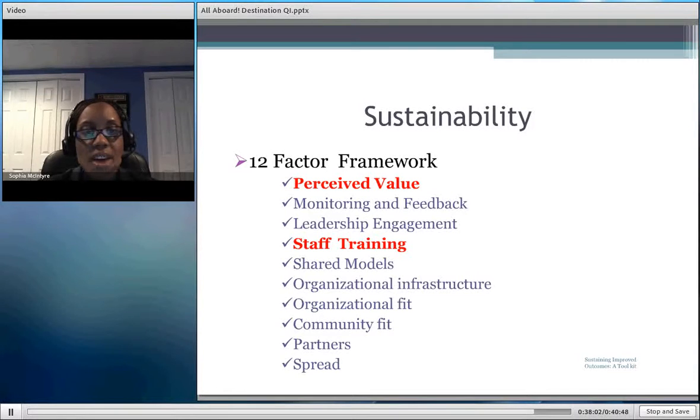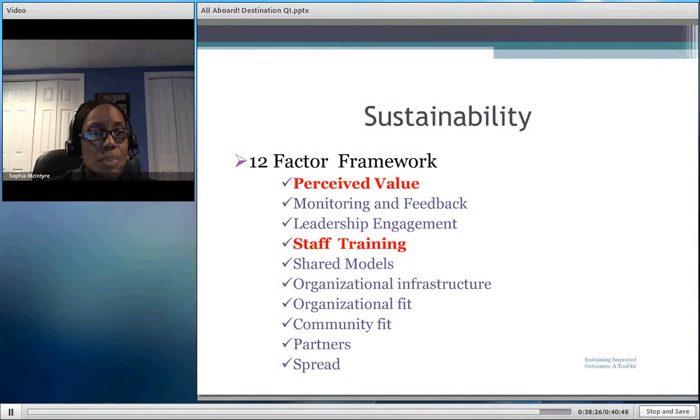So you may find that as you're implementing a PDSA cycle, it doesn't seem to work. And you may have to step back and say, well, does my front desk staff understand the importance of this project? Have I communicated how this is going to impact the care of patients long term? Have I provided feedback and monitoring?